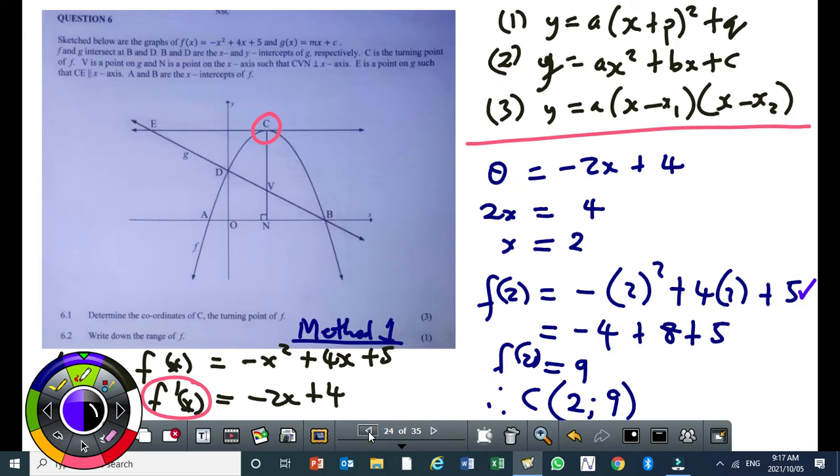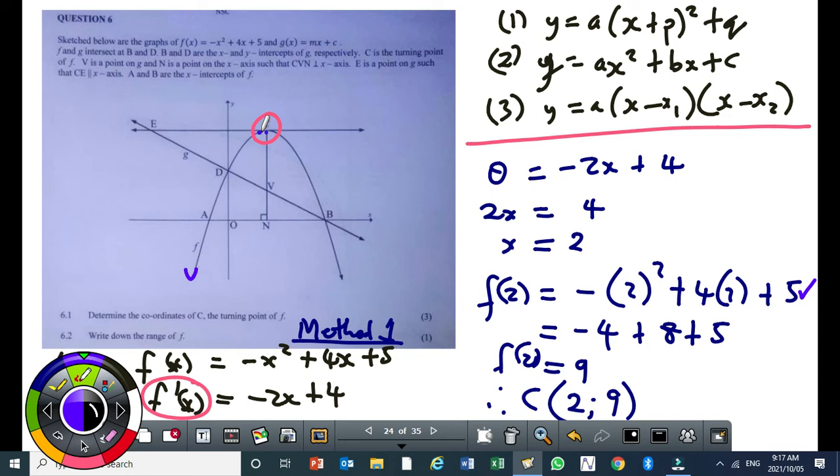Right. Then the next question was saying, write down the range of f. Now, for you to determine the range, you need to know what range is. Range is the set of all the y values. So for the quadratic function, you are starting from minus infinity, which is down there. Well, this one has got a maximum turning point.